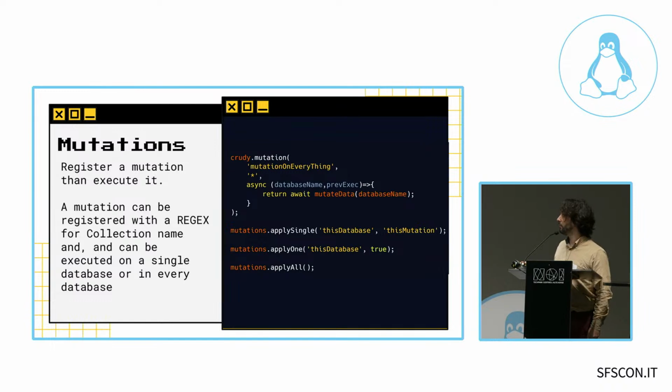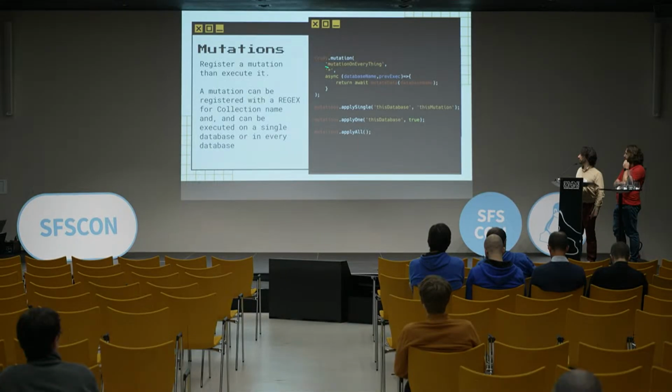You do it by registering a mutation. You register a mutation on everything. You can use this parameter to define a regex. In this case, I use the star to select all to mutate your data. And the regex is on the name of the database.